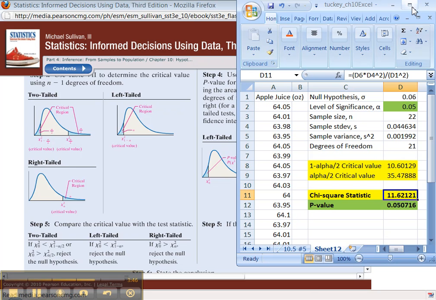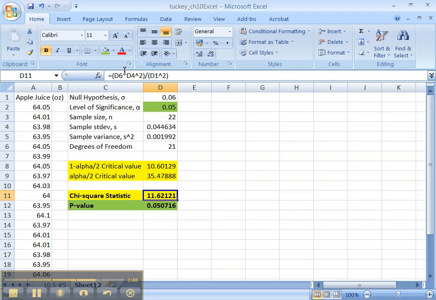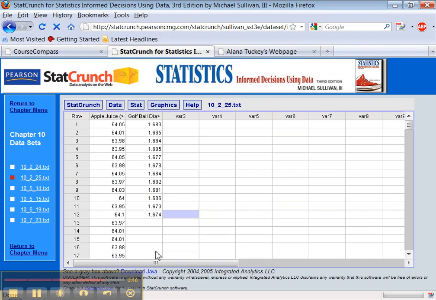Now the test statistic is n minus 1, which is the degrees of freedom, so that's this guy right here, the blue box, times s squared, there's s, caret 2, divided by sigma squared, right there. All right, notice that this guy is not lower than the low value or higher than the high value.